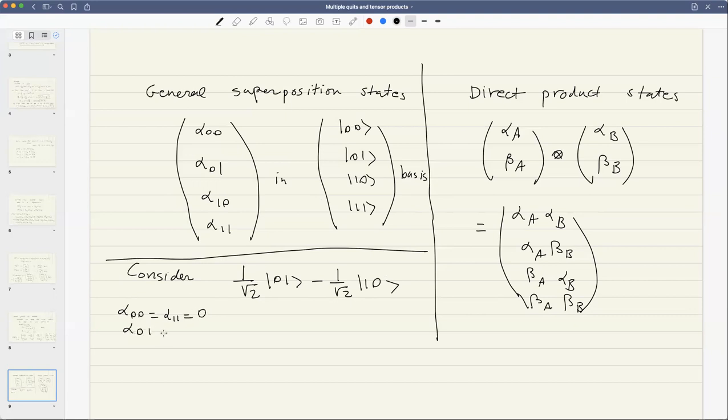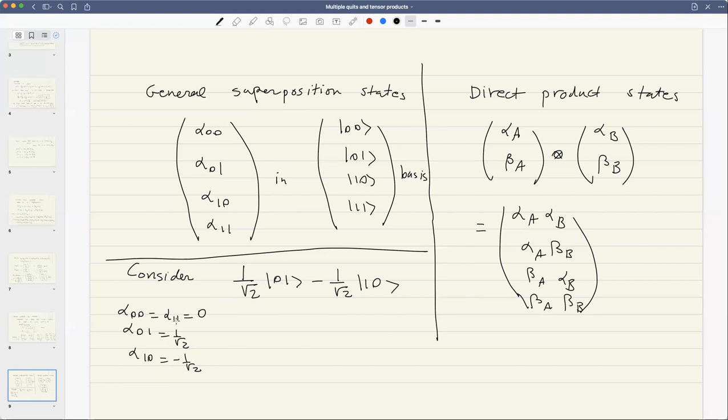Alpha 0,1 is 1 over square root 2. Alpha 1,0 is minus 1 over square root 2. It's easy to check that it's normalized. So these are zeros. 1 over square root 2 squared is 1/2. 1/2 plus 1/2 is 1.